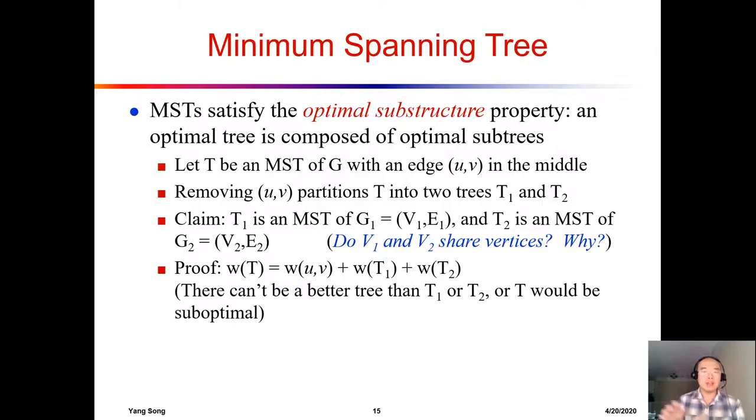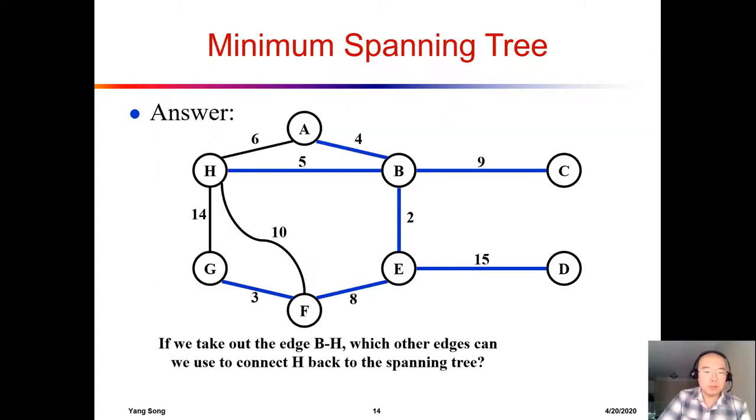Okay, and then what we are going to do is, if we use this one as an example, oh, that's my pen.